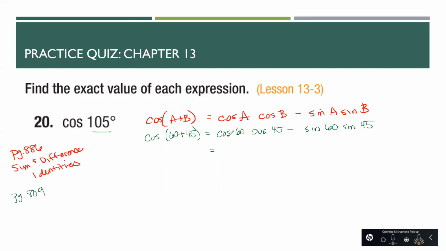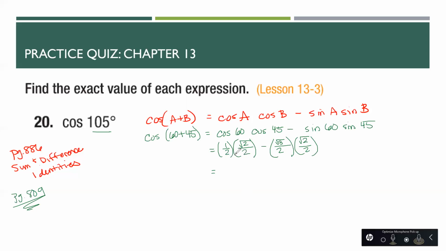There's a little chart at the bottom that tells us the cosine of 60 is equal to 1/2, the cosine of 45 is equal to radical 2 over 2, the sine of 60 is equal to radical 3 over 2, and the sine of 45 is equal to radical 2 over 2. These are all on page 809. I don't expect you to have these memorized. All right, so now we simplify.